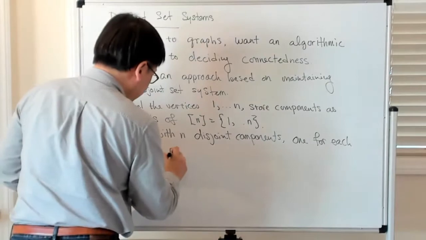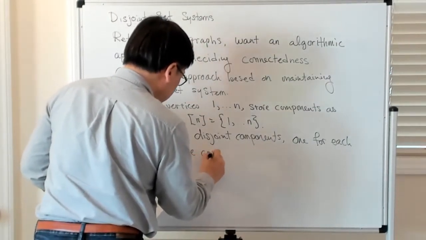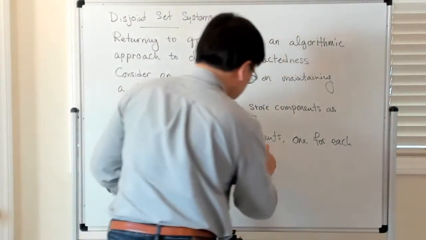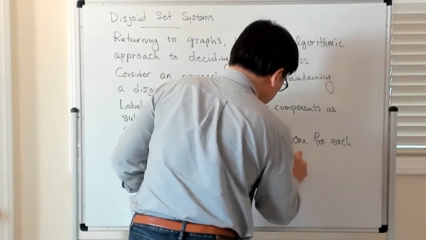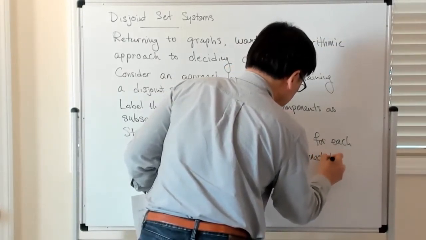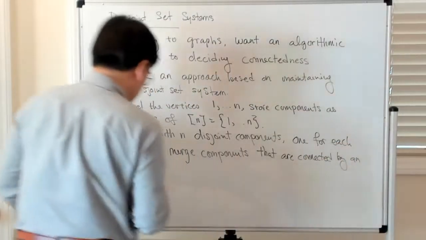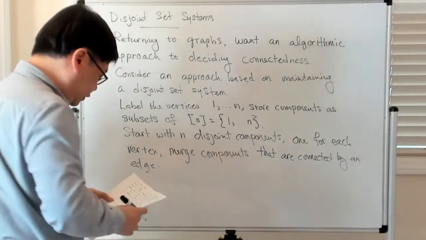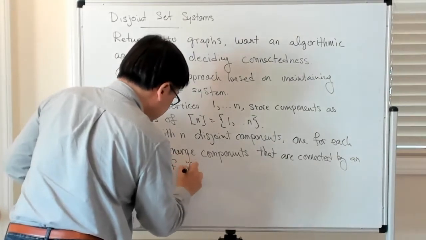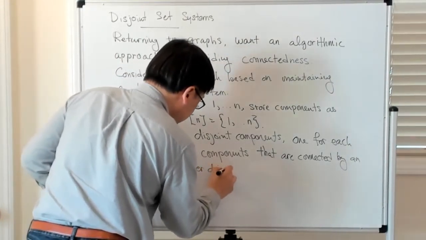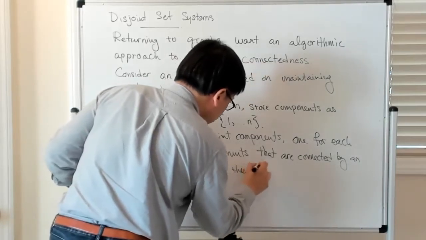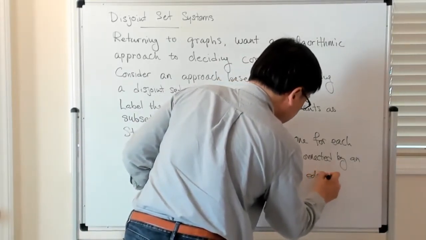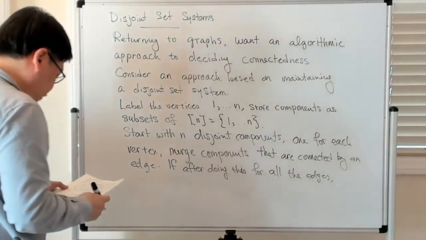And then you merge components that are connected by an edge. Okay, so after you've done this for all the edges, if you are just left with one component, then the graph obviously is connected.